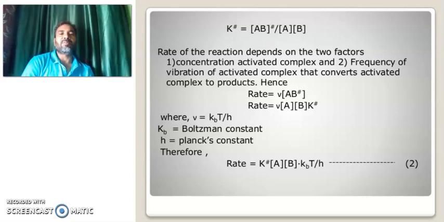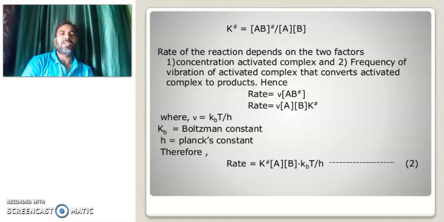The rate of reaction depends on two factors: the concentration of the activated complex, and the frequency of vibration of the activated complex that converts the activated complex to product. Hence rate is equal to ν[AB‡].